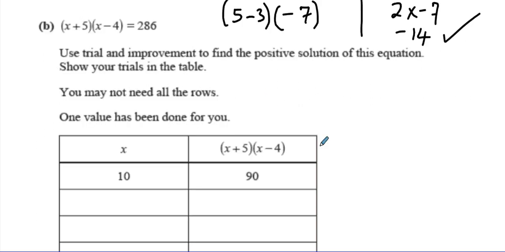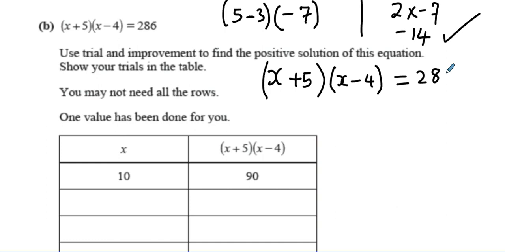Okay, so what we are going to do is take that (x + 5)(x - 4) equals 286.